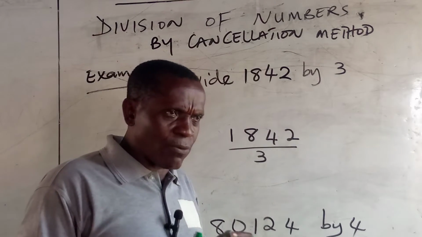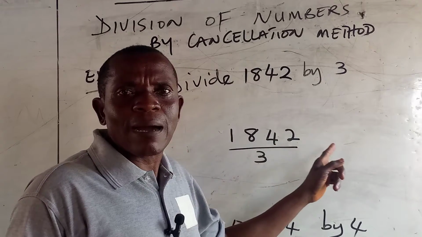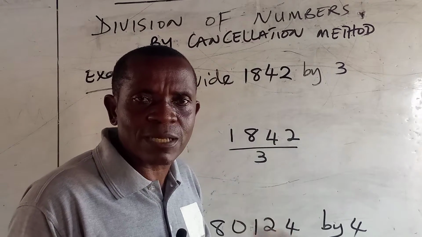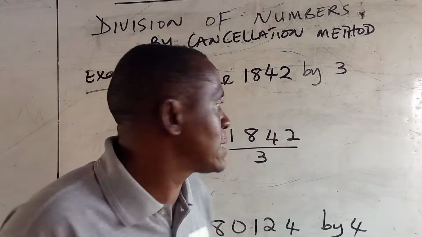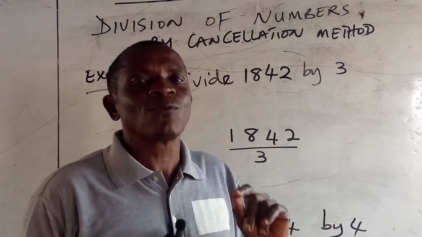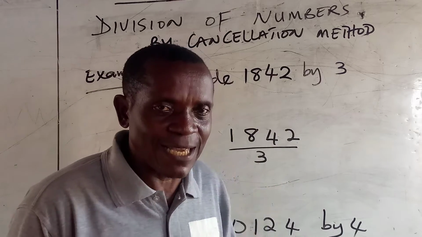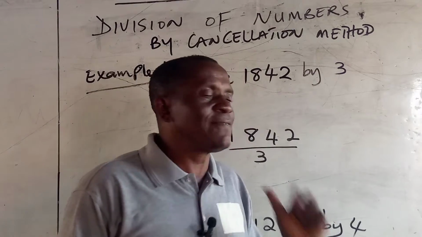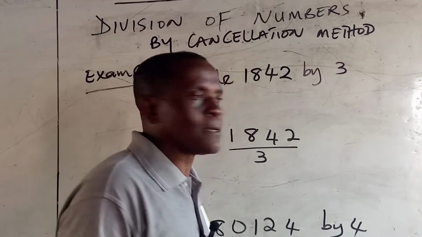The one question I will need to ask myself is, can 3 divide this number perfectly without any remainder? Now, from your rules of divisibility, a number is divisible by 3 when its sum is divisible by 3.